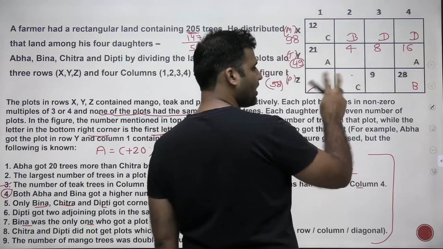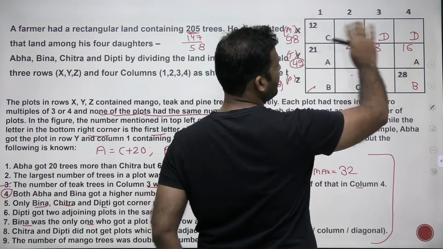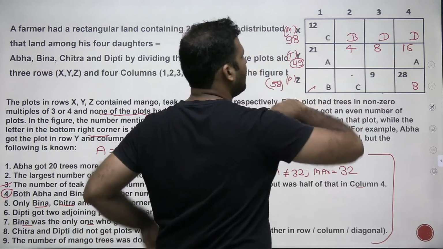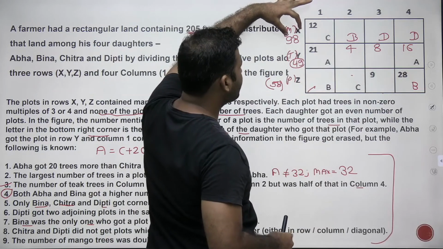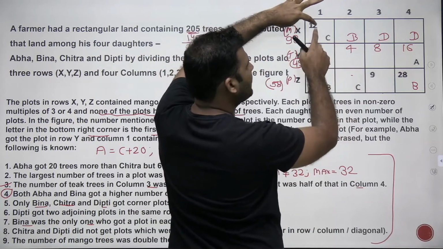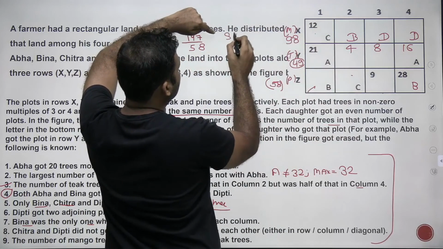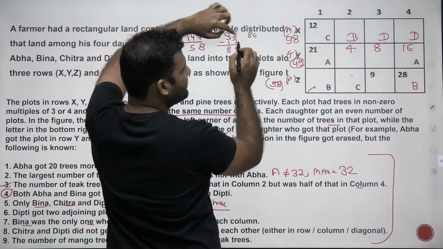If 32 is not coming at any of these 2 cells, 32 must be coming at any of these 3 cells for sure, right? Now, the total value I'm supposed to put over here is 98. Out of this we have 12 here, so 98 minus 12 will give us 86 trees.